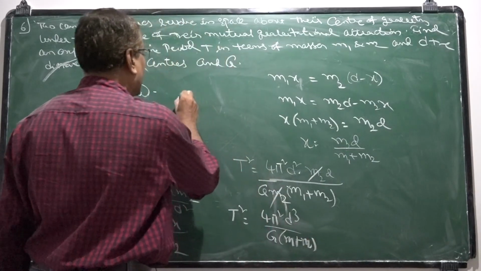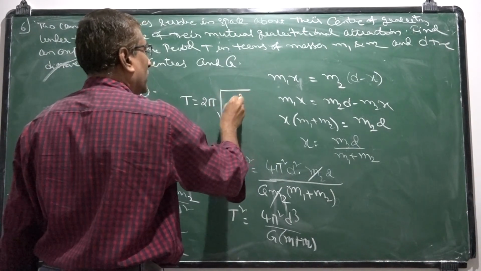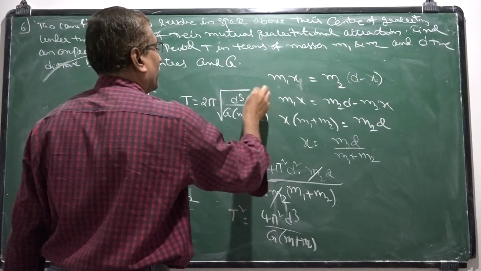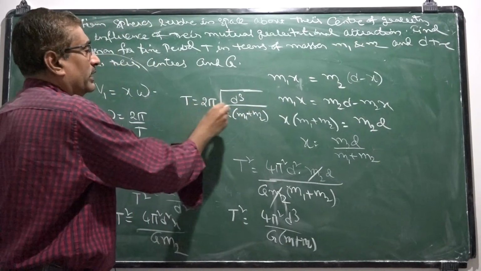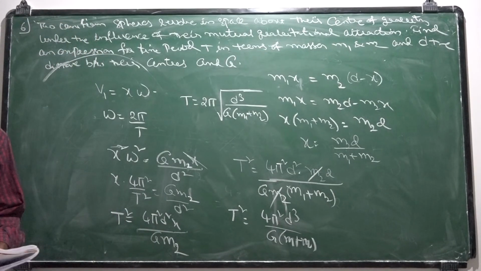So T is equal to 2 pi square root of d cube by G into m1 plus m2. Thus we get the time period in terms of d, G, m1 and m2.